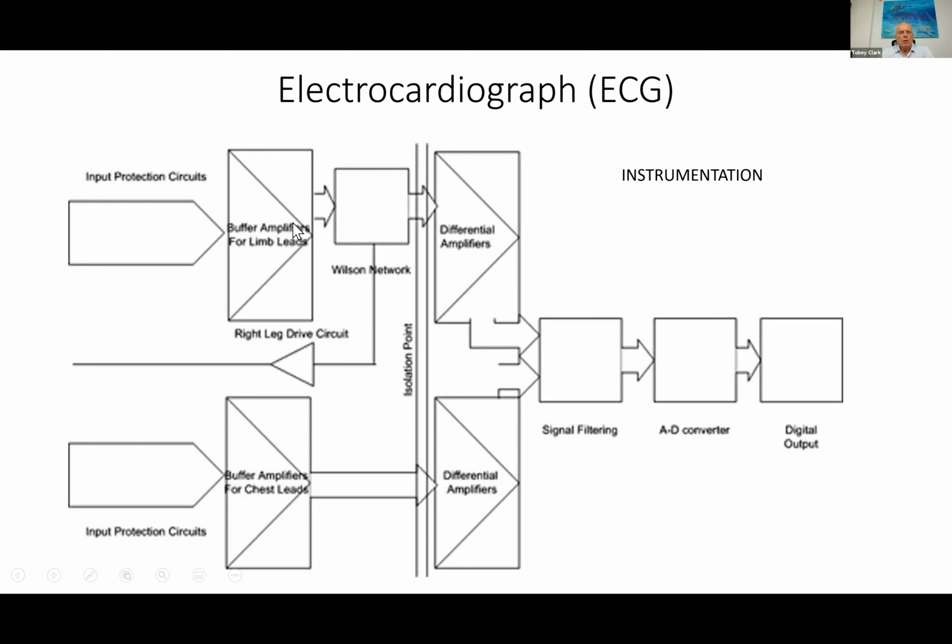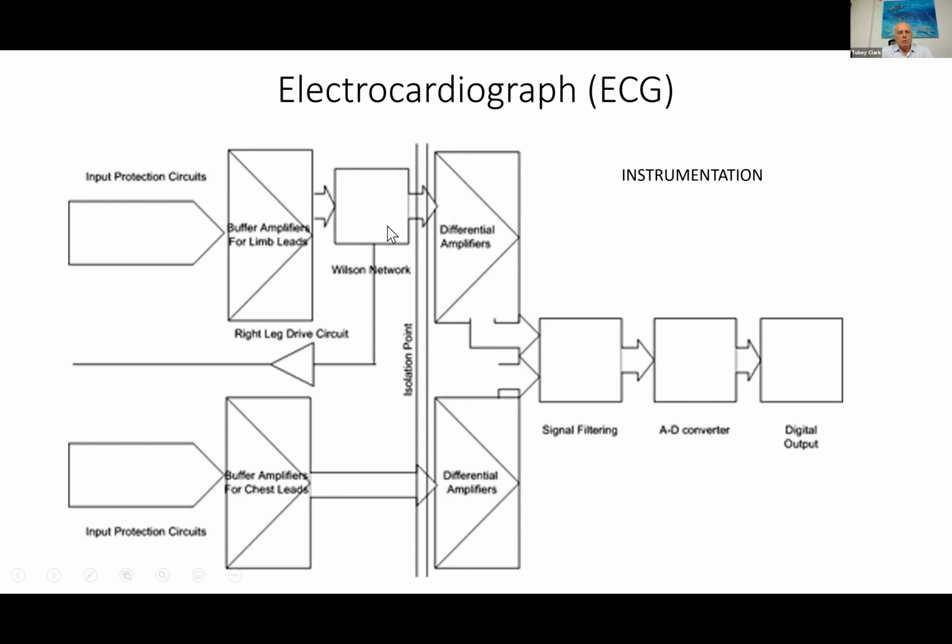from the machine itself. Buffer amplifiers for each limb lead. We have a network in there. It's called the Wilson network that is basically utilized to derive the voltages. One important aspect is the right leg connection, which is usually, well, in the US, it's a green wire. A lot of times that's used as a way of getting rid of the common mode noise that would come from fluorescent lights and other sources.